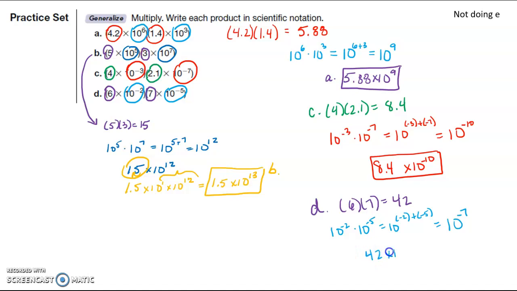So I have 42 times 10 to the negative 7, but this is not scientific notation, so I'm going to have to move this one. 4.2 times 10 to the 1 times 10 to the negative 7, which is equal to 4.2 times 10 to the negative 6.